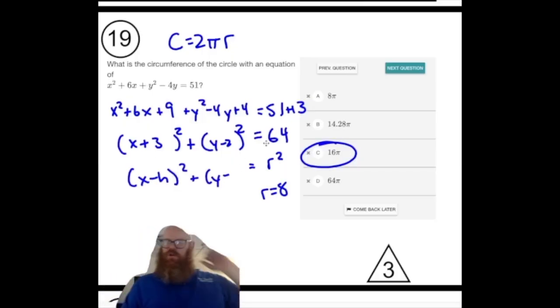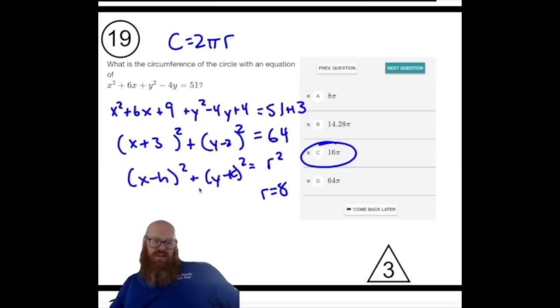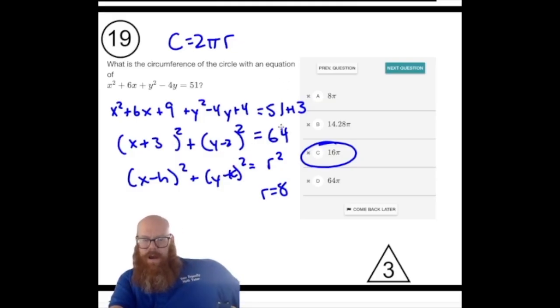I would have focused on the left side if they asked for the center. The center would have been -3 and +2, but they didn't. So that's why I just ignored it and wanted to show you the quickest way to go about getting that. But who knows? Some of you might be able to type that in super fast, find the radius, and do it quicker than I did, but this would be the quickest way for me to figure out the radius.